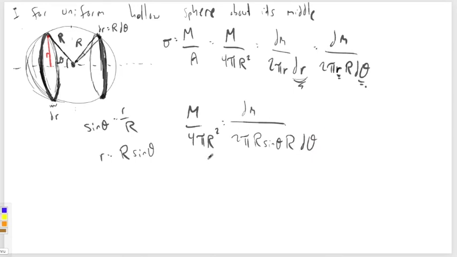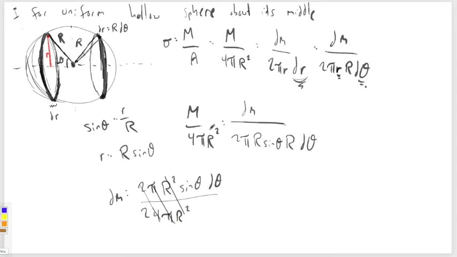Rearrange all of this and try to simplify it, and I'm going to get that dm equals 2 pi R squared sine theta d theta over 4 pi R squared. You can see that my R squareds cancel out, my pi's cancel out, this will cancel out to 1/2.